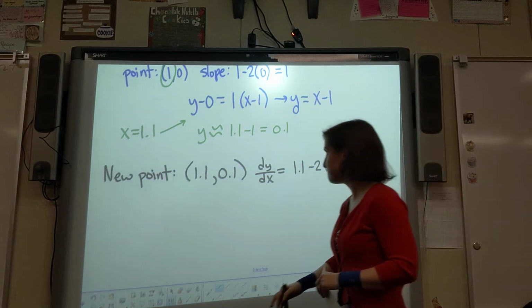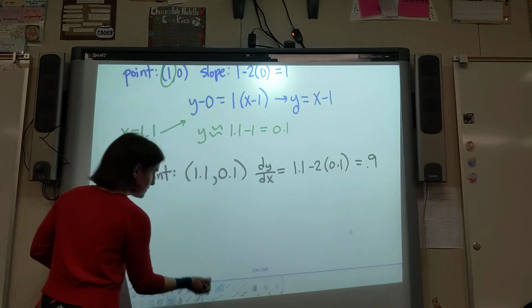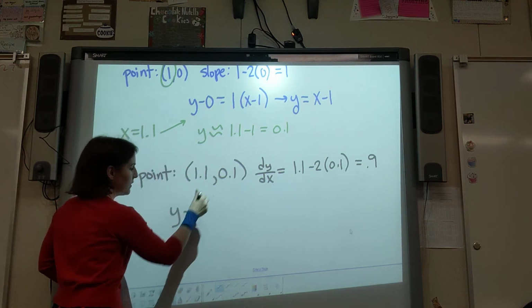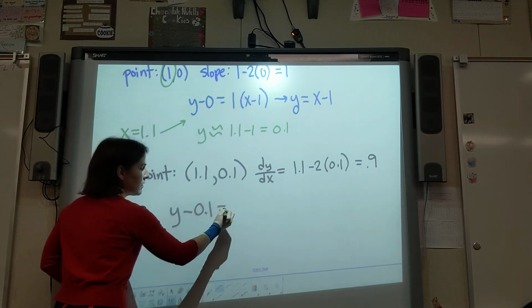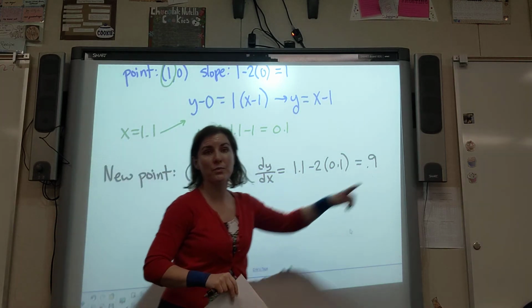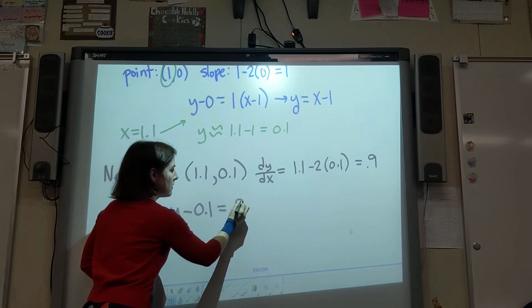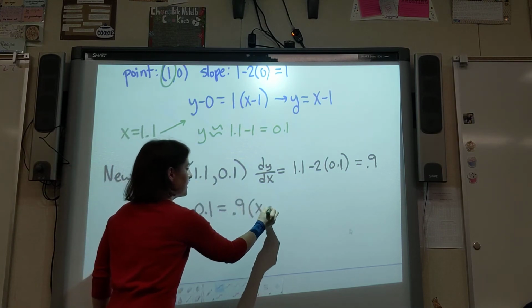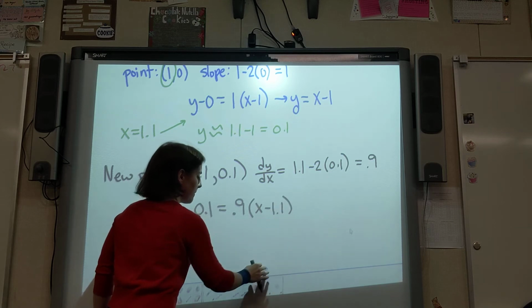Let's write a tangent line. So we have y minus the y coordinate equals m, the slope, 0.9, and then x minus the x coordinate, x minus 1.1.